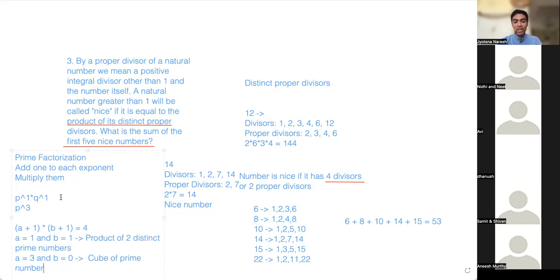Okay, so now we know the template of these numbers, right? So the numbers that we're looking for, all these nice numbers, are either going to be the product of 2 prime numbers or the cube of a prime number. So what are the smallest prime numbers in order?